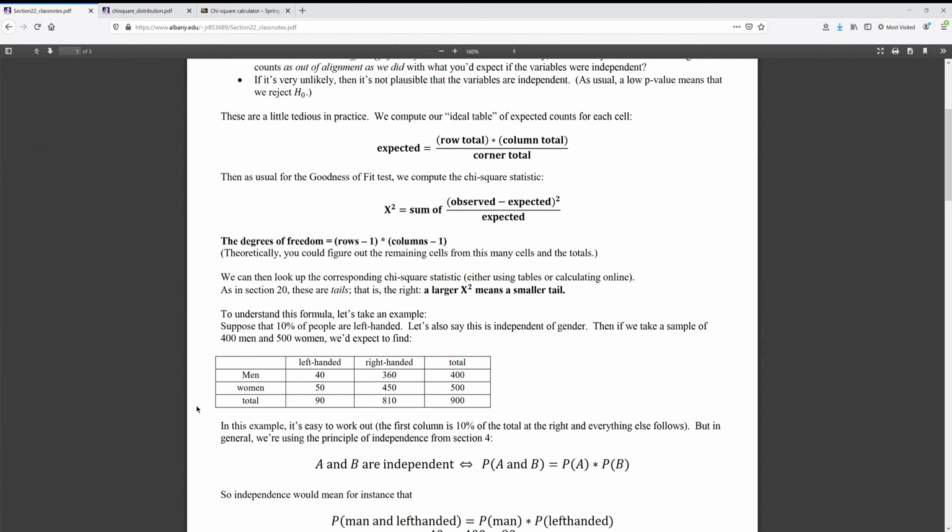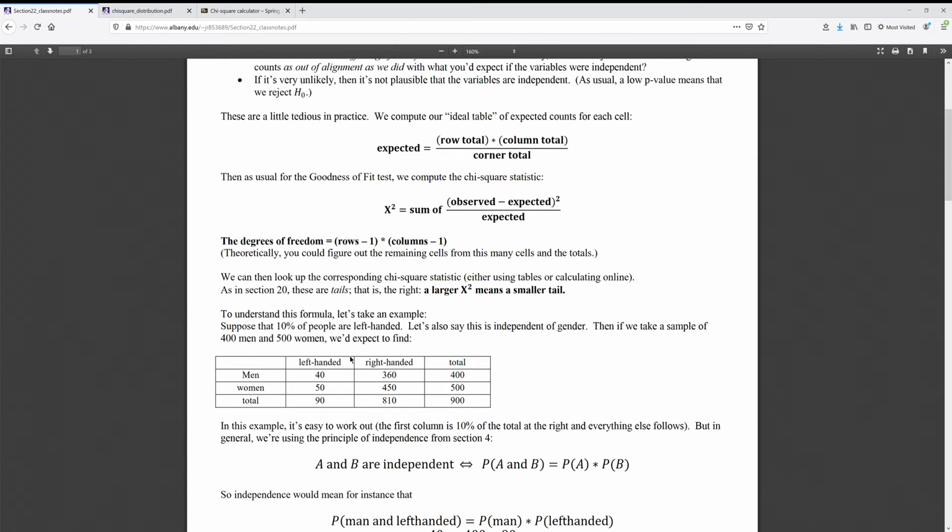900 people, they're either men or women, they're either left-handed or right-handed. There may or may not be some relationships going on in this particular data, but are they significant enough that they suggest that something is going on in general? Does the data suggest that what sex you have and whether you're left-handed or right-handed have nothing to do with one another?